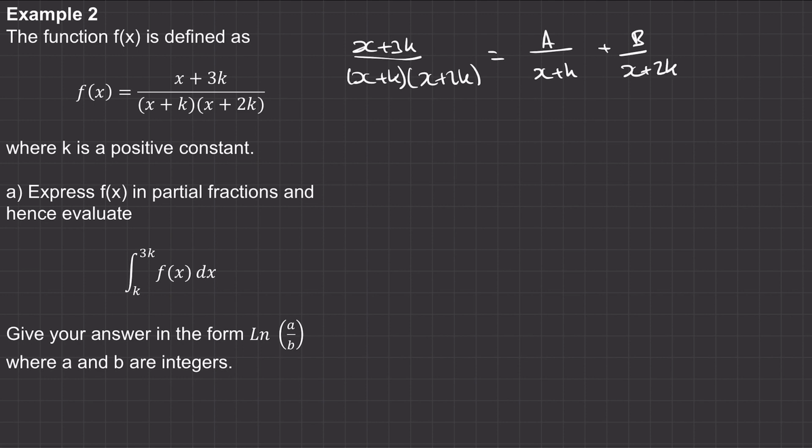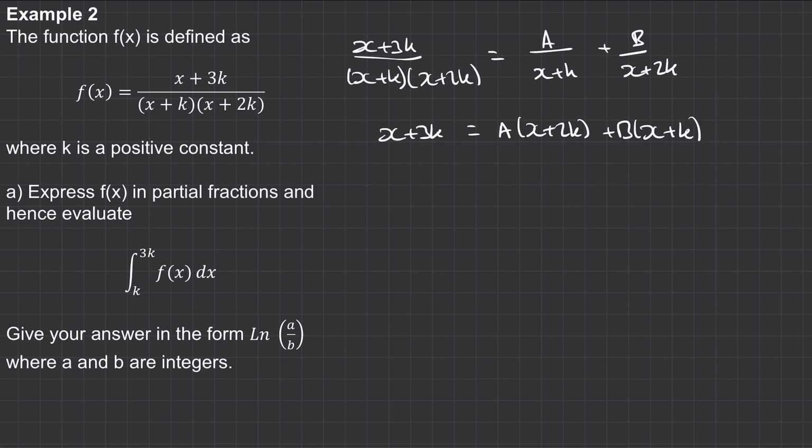So now we'll multiply every term by this denominator. So we get x plus 3k is equal to a times x plus 2k plus b times x plus k.